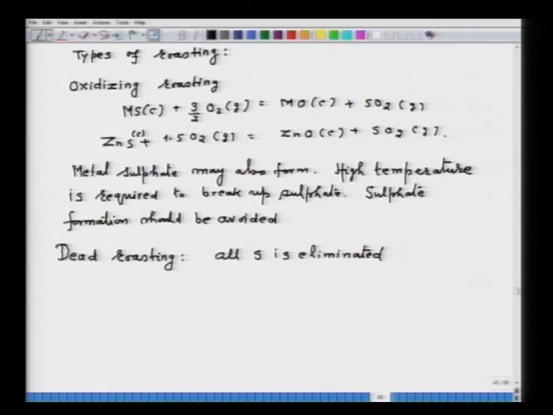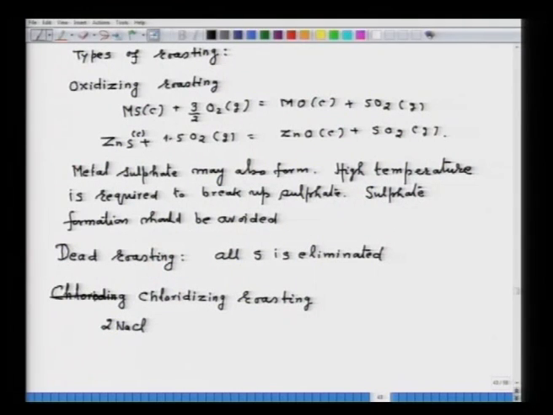Another type of roasting is chloridizing roasting. As the name suggests, the objective of chloridizing roasting is to convert a sulphide into chlorides.